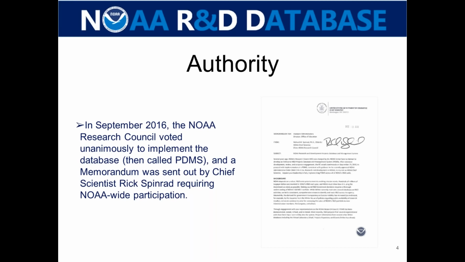You have representation from all your NOAA line offices that sit at that, and they meet bi-weekly. So they have been involved and engaged in this whole process, and we've also reported up on this effort to the Research Council. In 2016, they voted to go ahead and implement this effort.